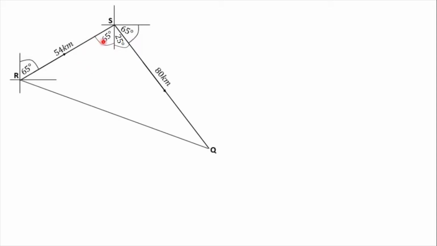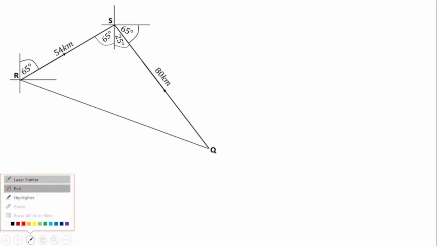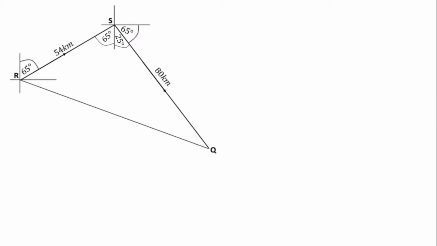Okay, so we have here to be 65 degrees and here to be 25 degrees. 65 degrees plus 25 degrees will give us 90 degrees. So it means that in this triangle here, triangle RSQ, the angle at S is our right angle.